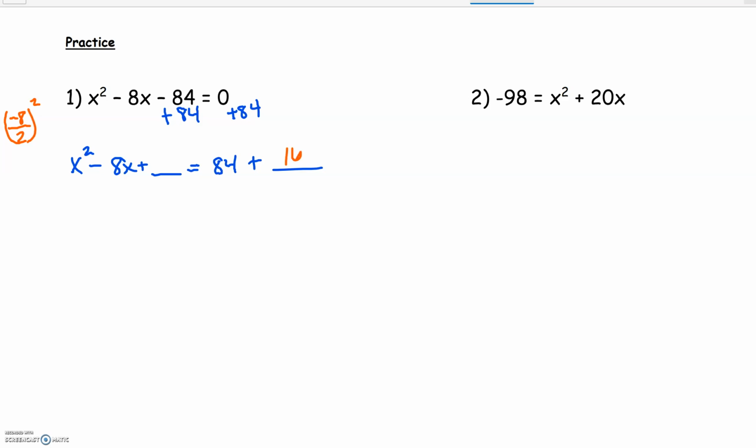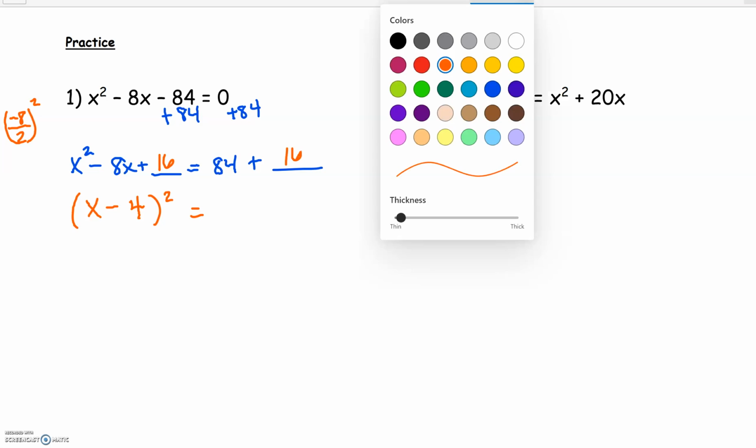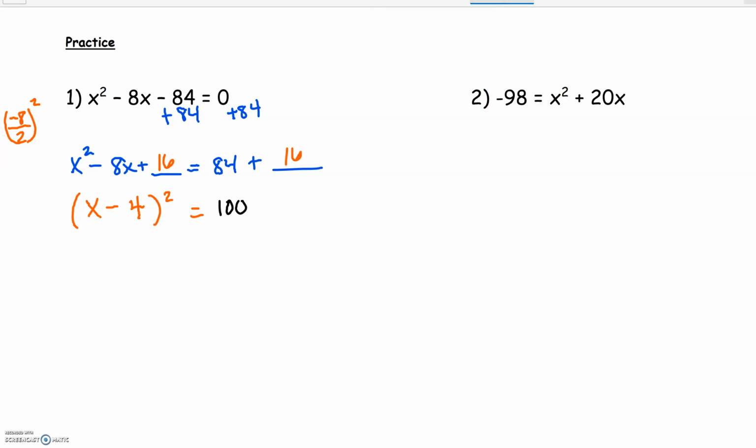So I'm going to add 16 to both sides, and now I can go ahead and factor. This is an x, and then since this is subtraction, it's subtraction here, and it's a 4. And it's that x minus 4 times x minus 4, which is that x minus 4 squared. And then we have 100. We add over here. And then we're going to square root.